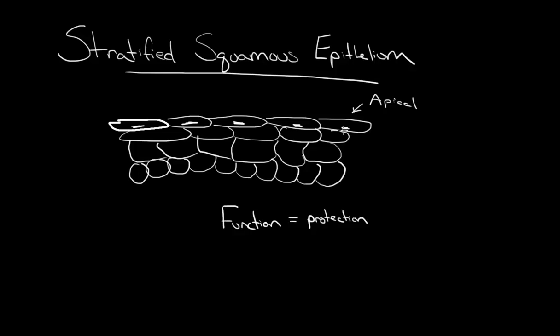On the external surface of the body, they're keratinized, and they have a waterproofing effect. But for function, we can say protection. They protect against abrasion, extreme temperatures, any sort of chemical stimulus. Protection is the function of stratified squamous epithelium.